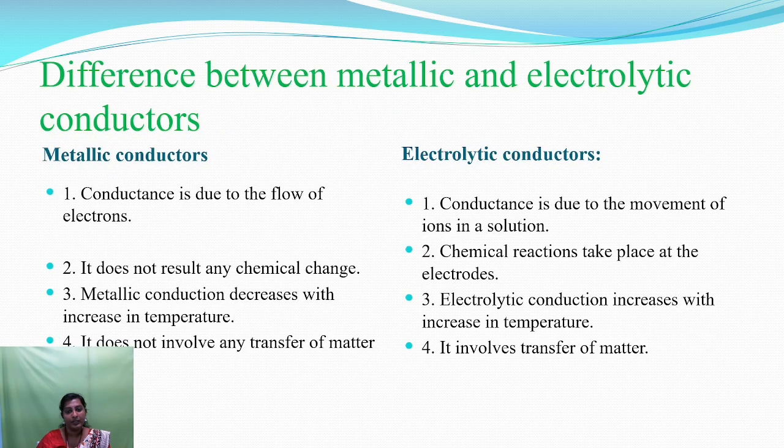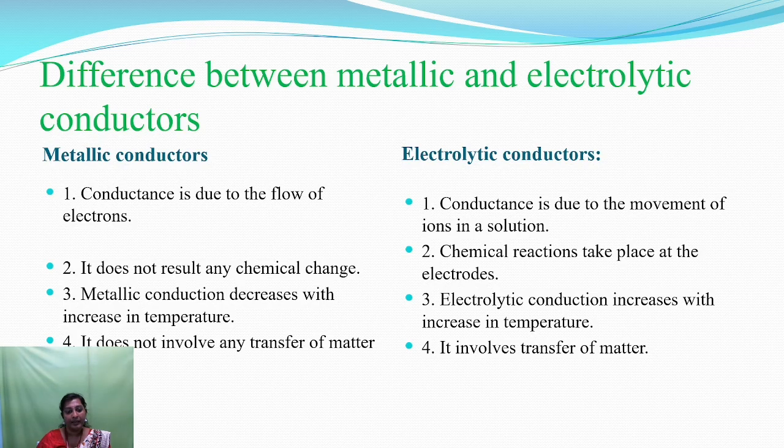What are the differences between metallic and electrolytic conductors? First, metallic conductors: the conductance is due to the flow of electrons. In electrolytic conductors, the conductance is due to the movement of ions in a solution.